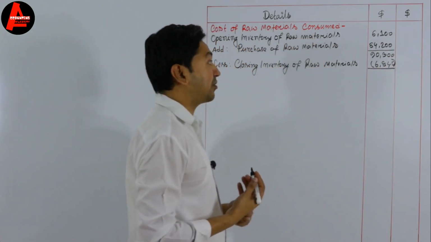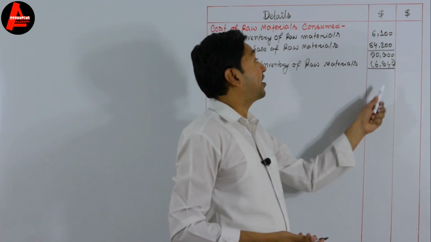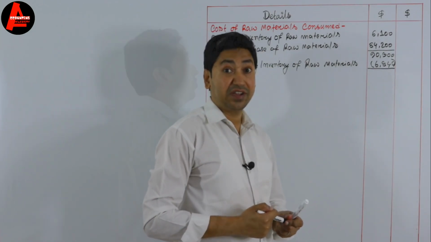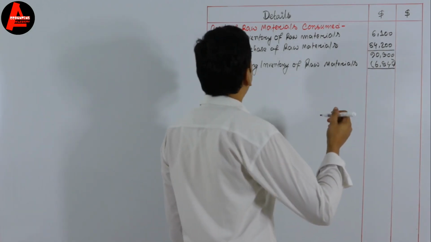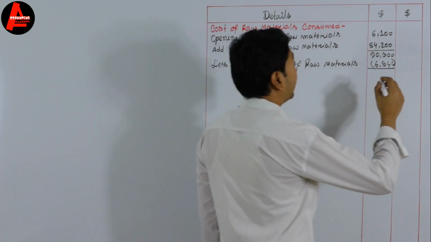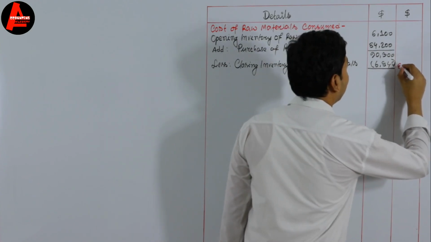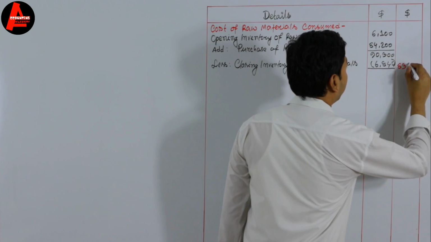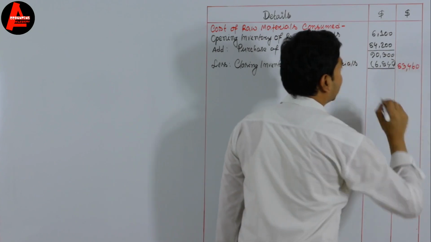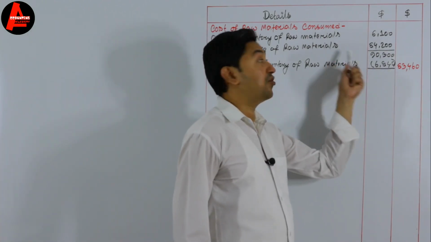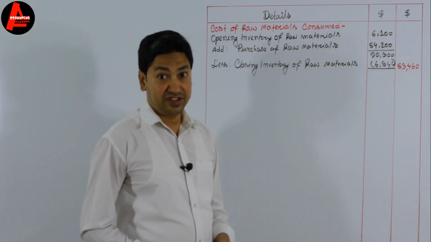If we subtract $6,840 from $90,300, what we get? We get $83,460, right? So let us write here $83,460. This is our cost of raw materials consumed.